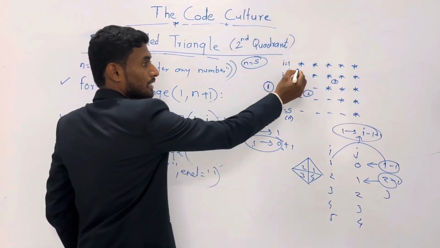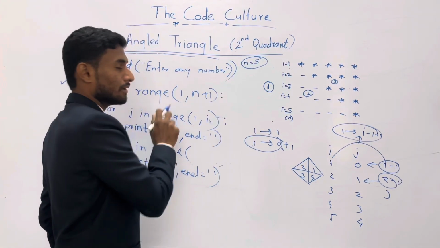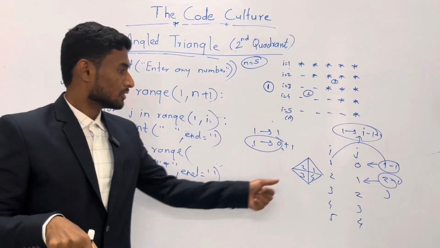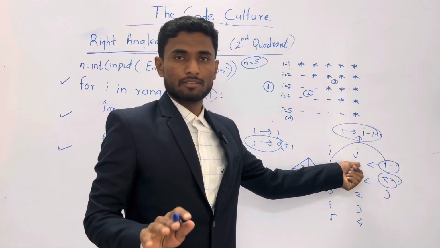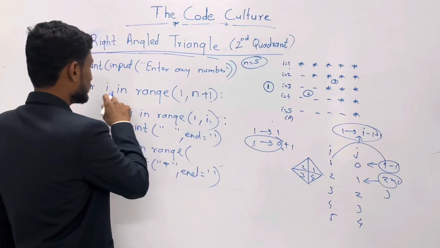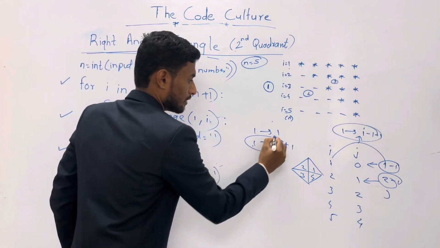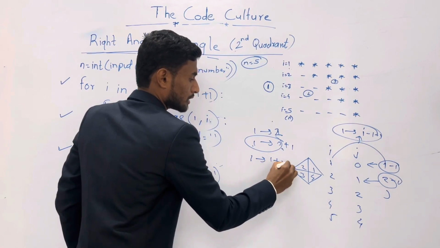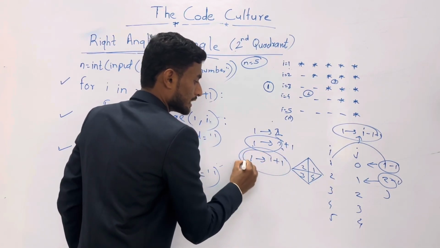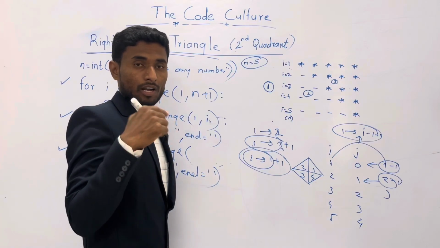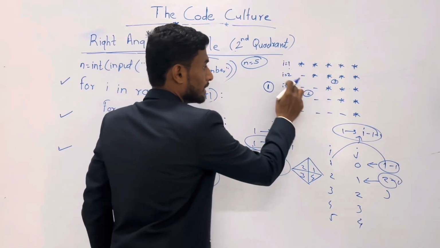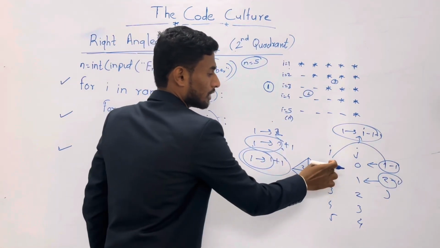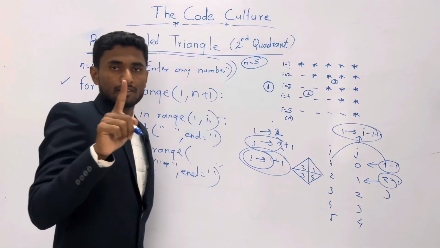How many spaces will print for the first i value? 0. We are getting our requirement. After that the i value is 2, that is 1 to 1 plus 1, which means we repeat this only one time. So for i value 2, I am repeating this for loop only once and getting 1 space.